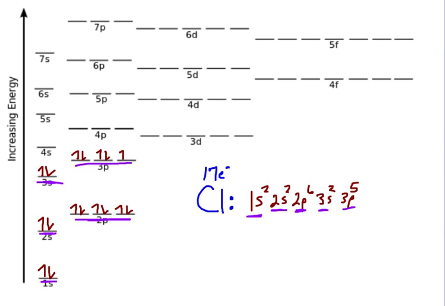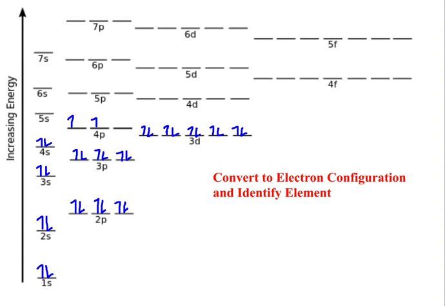Let's do another example. So it says convert to electron configuration and identify the element. So if I'm converting to electron configuration, I'm just going to write them from bottom to top. 1s, and I see 2 in there, 2s2, 2p6, 3s2, 3p6, 4s2.